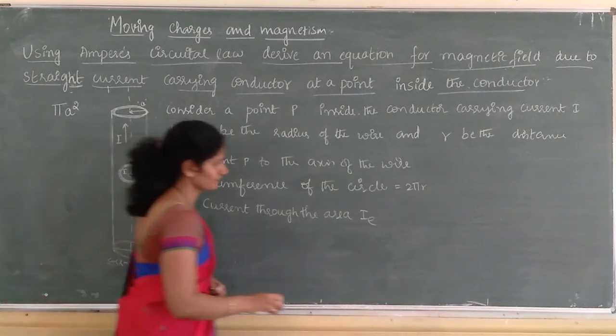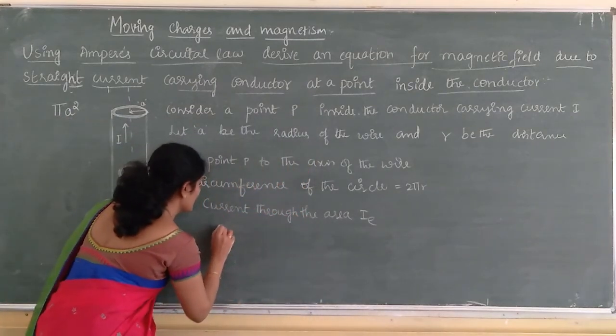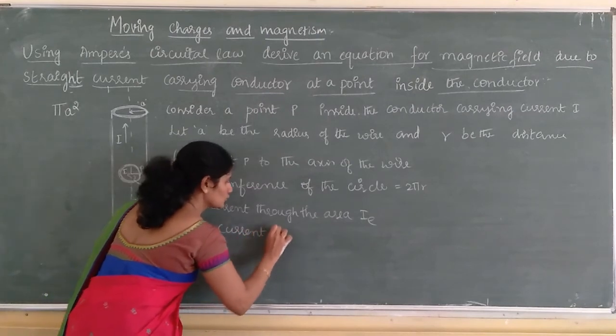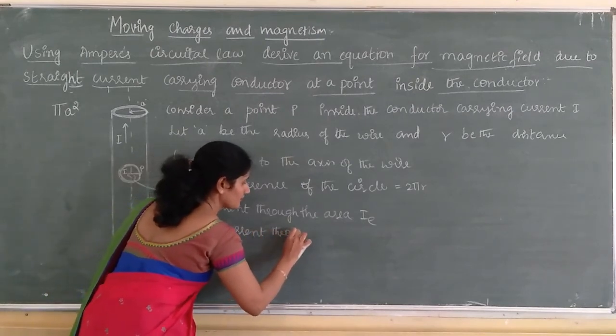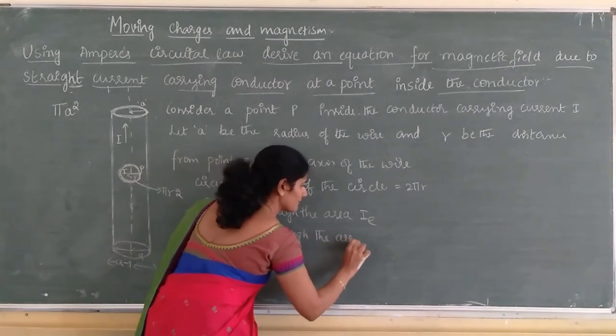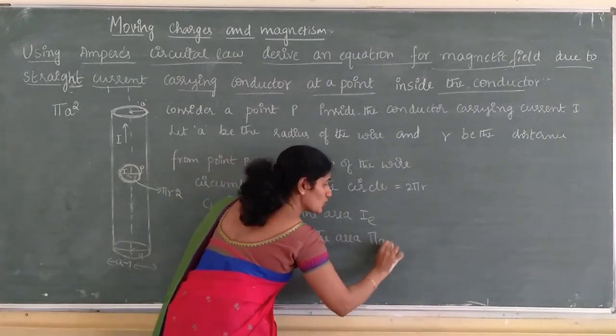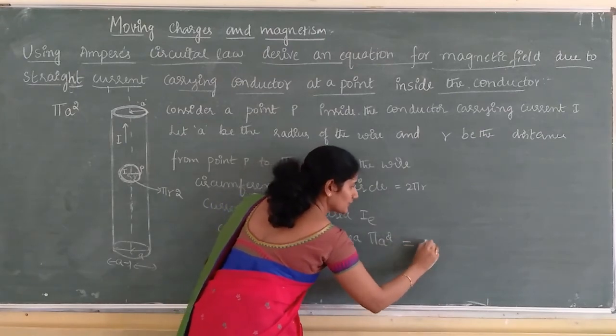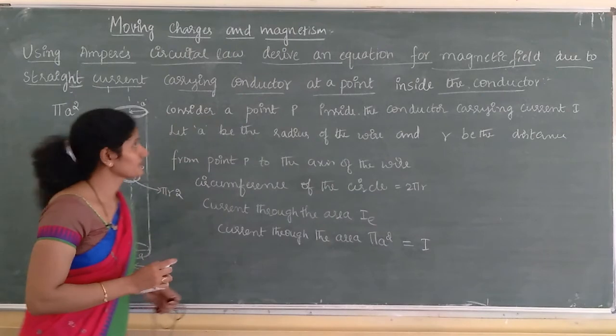Now, the current through the area pi a square is equal to I, right?